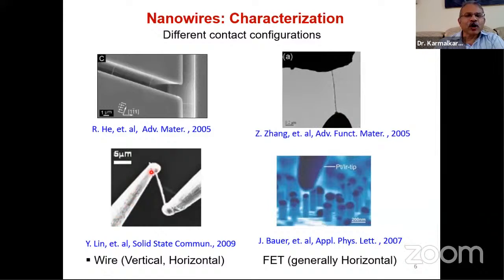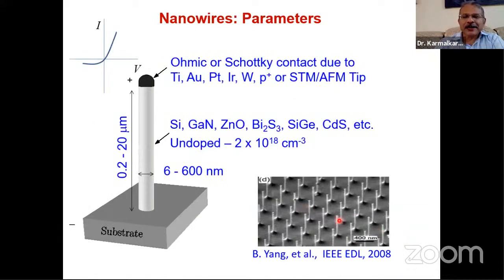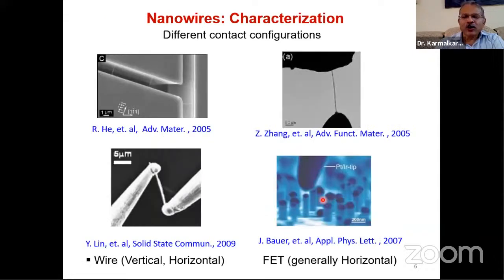You can see some probe tips coming out, and then in between them there is a wire. Finally here you can see this kind of wire growth, and then an effort is being made to make a contact to these wires from the top using a tip. This is a platinum iridium tip.